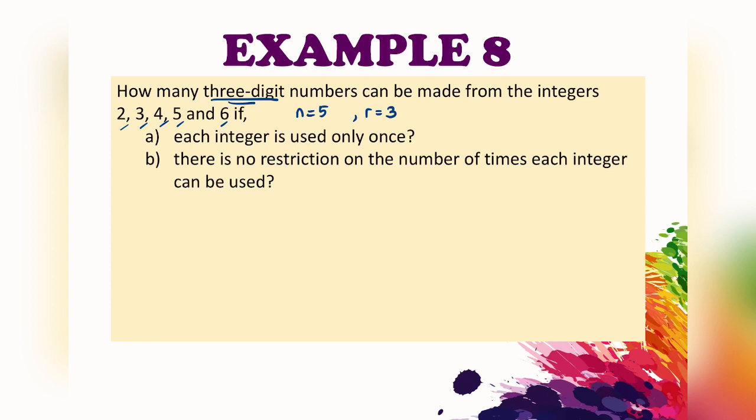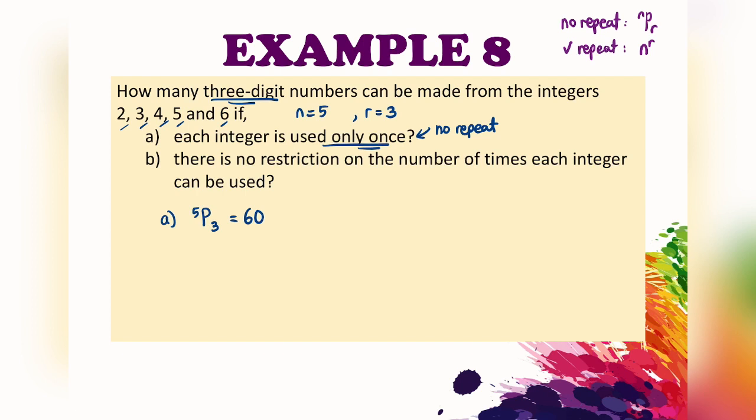For part A, each integer is used only once. Only once means no repetition. The way of answering the question will be 5P3. Remember, if no repetition, we are going to use nPr. So 5P3 will be 60.